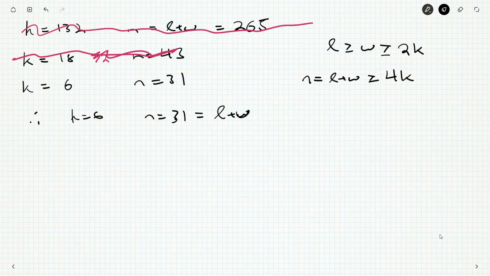So L plus W has got to be equal to 31. Alright, what possibilities can we have? So 2K is 12, and actually W has got to be more than 2K, I said. So W could be 13, and L could be 18. So this is actually going to be a pretty short list.